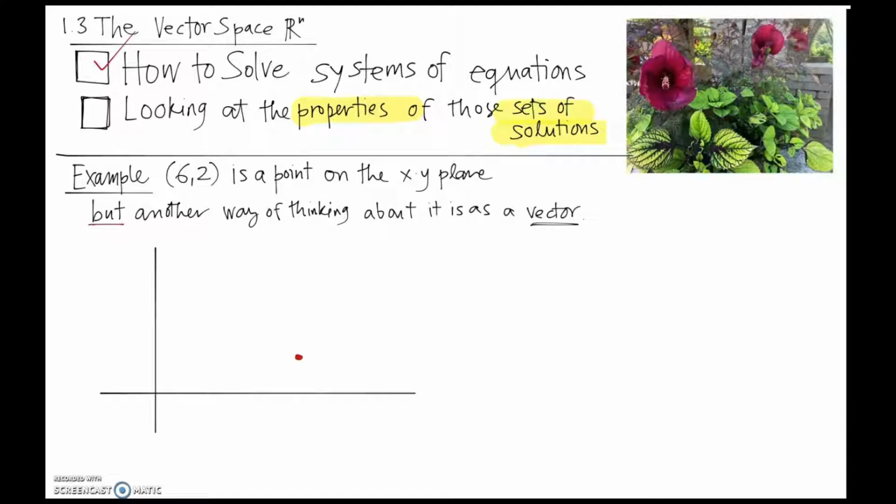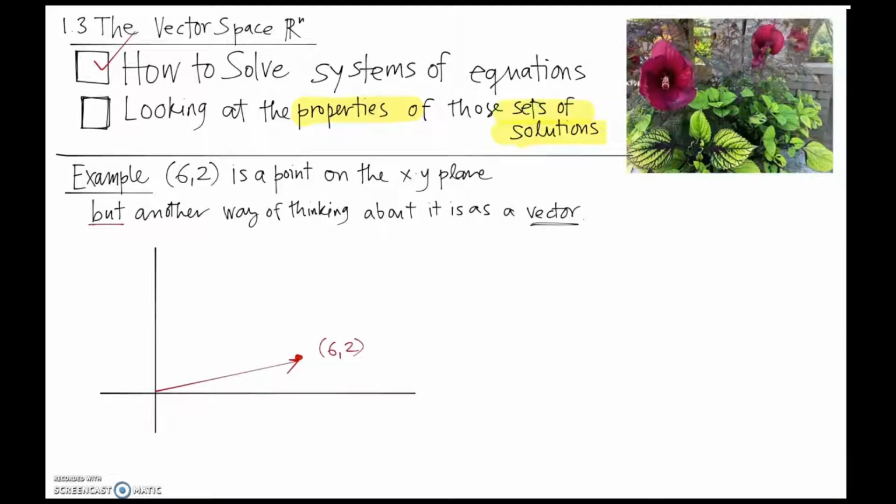That's more like it. Okay, so this, like we say, is the point 6, 2. But also you can think of a vector, or a straight line, going from the origin to this terminal point.